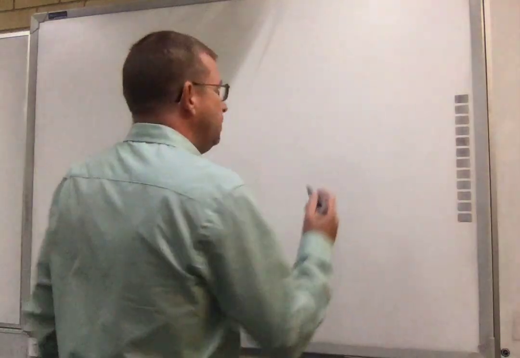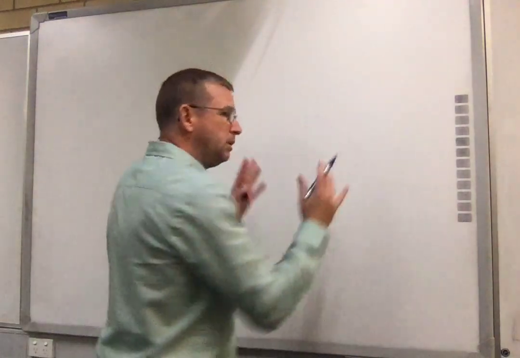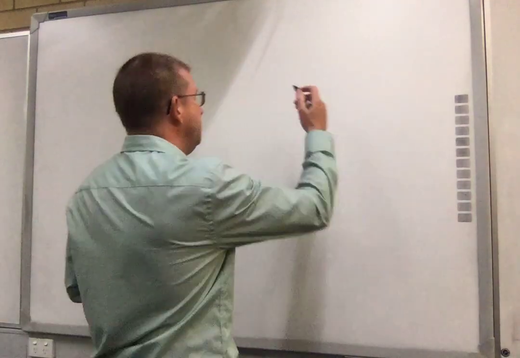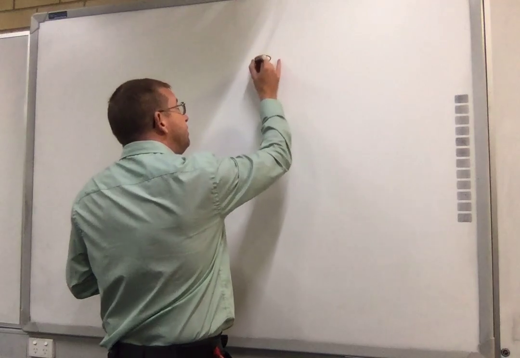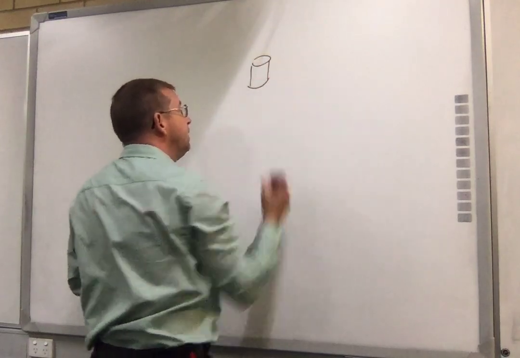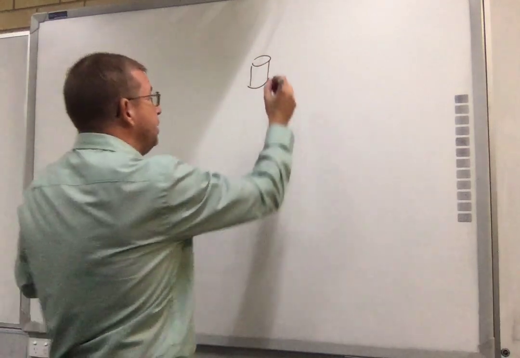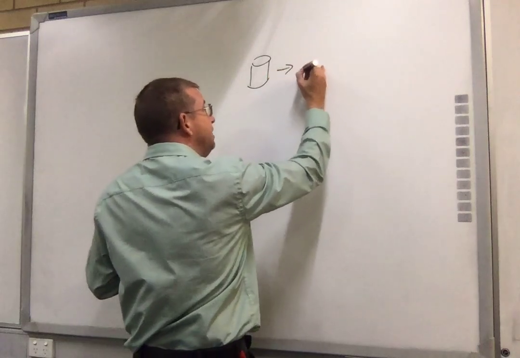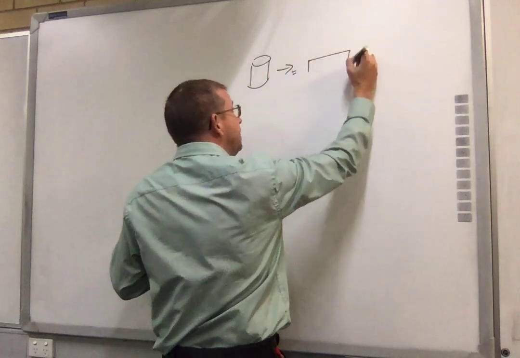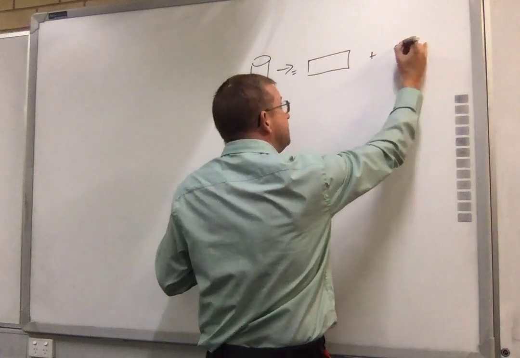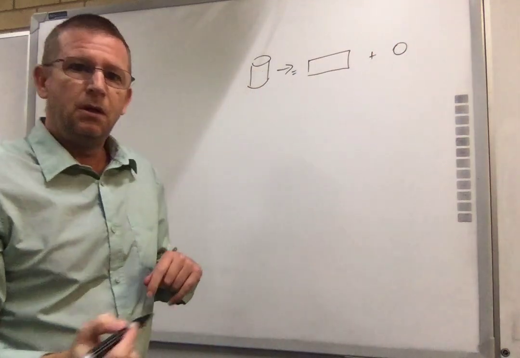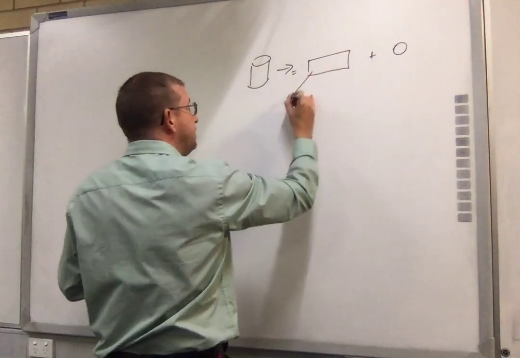Let's just say you do your calculations and you go, what does that look like in my assignment, Mr. Finney? So in your assignment, you've got to communicate what you're doing. So you might draw a diagram. There's my cup. And you go, well, that cup is actually the same as a rectangle plus a circle. And then you're going to go, okay, well, let's calculate that.